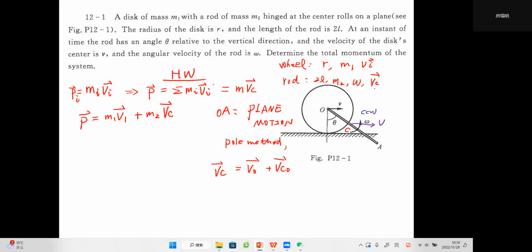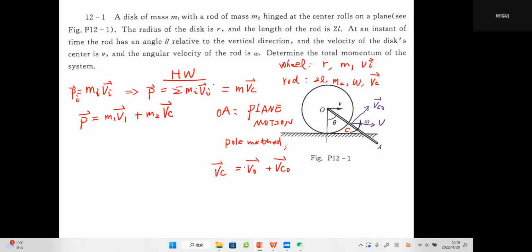So VCO must be perpendicular to OC and along this direction. So this is VCO, right?